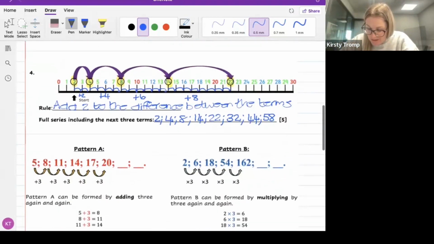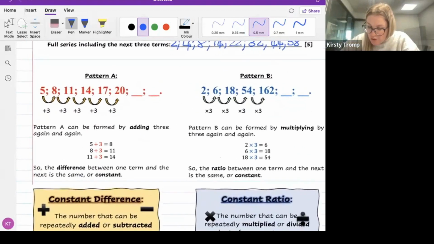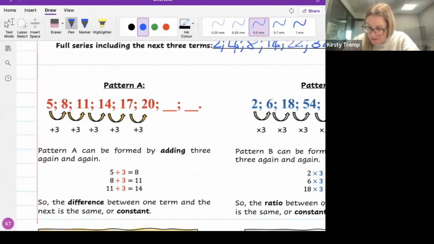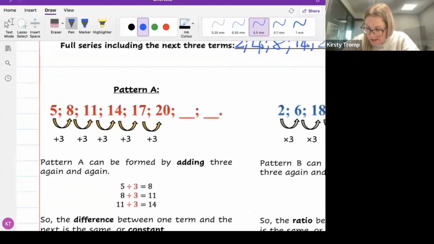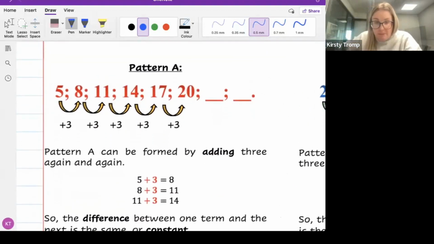So far we've seen that there are 2 different kinds of patterns that we can have here, everybody. All right, so if we're looking at pattern A, we had 5, 8, 11, 14, 17, 20.